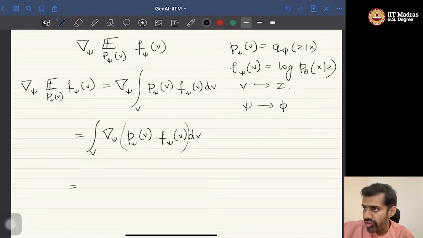Then, for the gradient of a product of two functions, we need to apply the product rule.